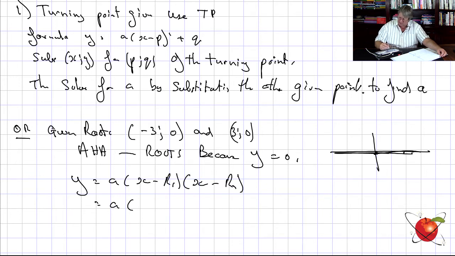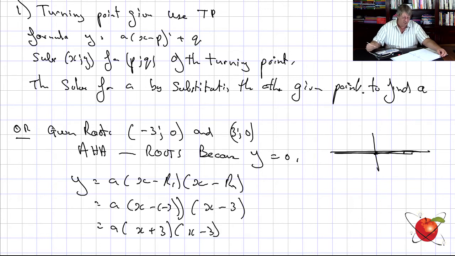And you'd go a, x minus r1 is x minus -3, and x minus 3, and that's going to be x plus 3, x minus 3, and essentially you'd multiply that out, substitute into it, and use the third given point.